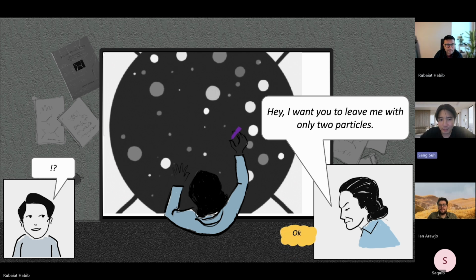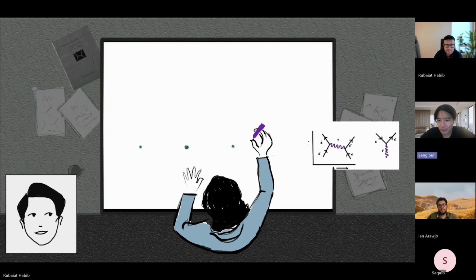Okay, so I see that he's asking his AI assistant to remove excess particles so that it can focus on the simple interactions between a few particles. Okay, that makes sense. And now, all right, so he has this animation, and now we see that he's building, I think, initial abstractions by observing the animated behaviors of the particles and energy, and then turning them into simple diagrams like the Feynman diagrams that we are familiar with.